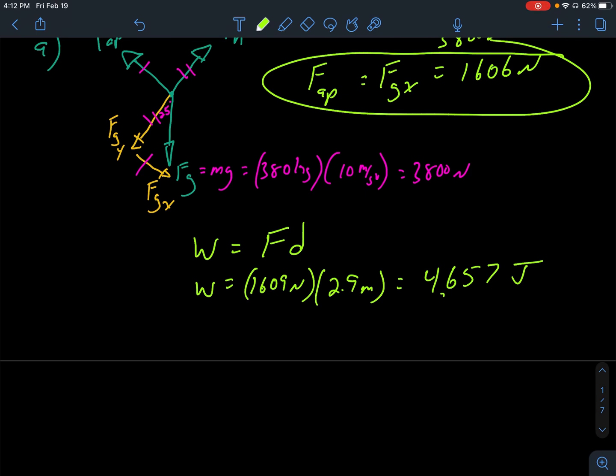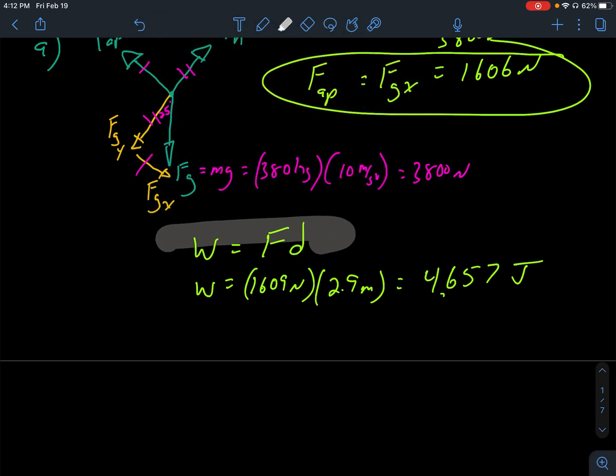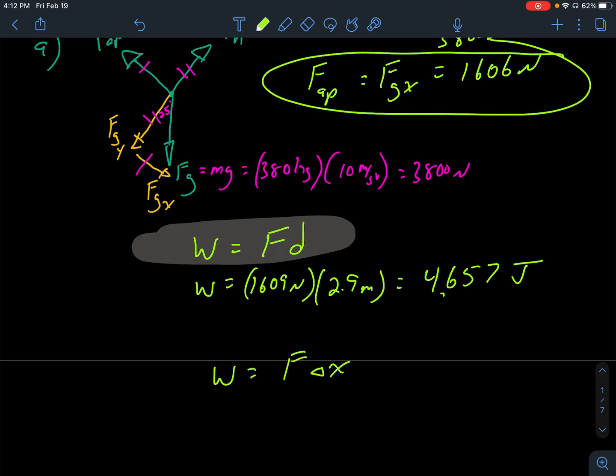So if you remember way back to those Flipping Physics videos when we looked at this equation here, they mentioned that generally, if the force and displacement are in the same direction, that's going to be positive work, right?